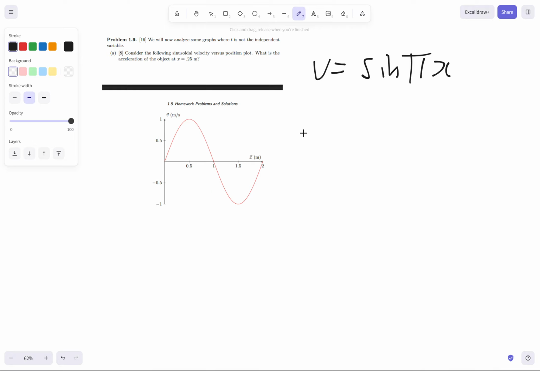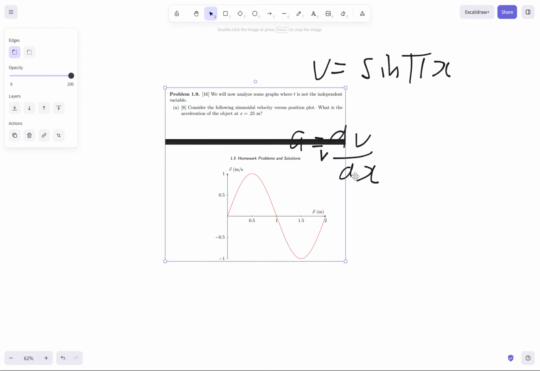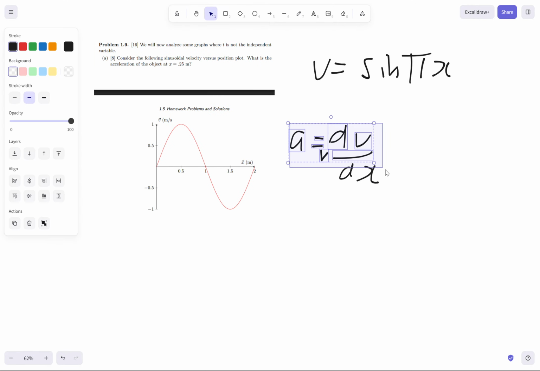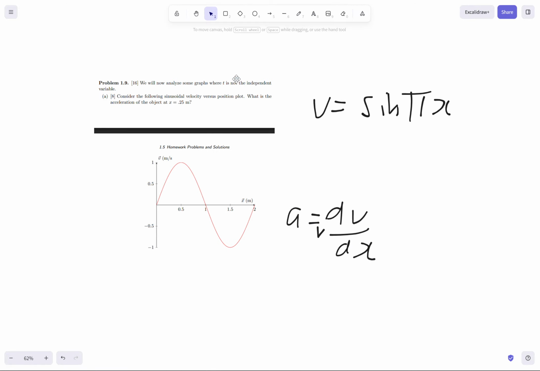The second thing we need to know is that a equals v dv/dx. We actually derived this in the last video, so you can look at that later, physics 6 or whatever. I forgot what I titled it, but it's this.